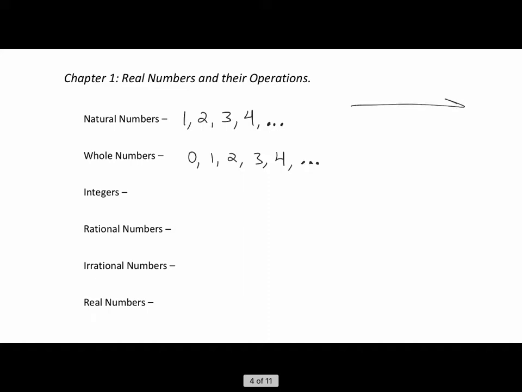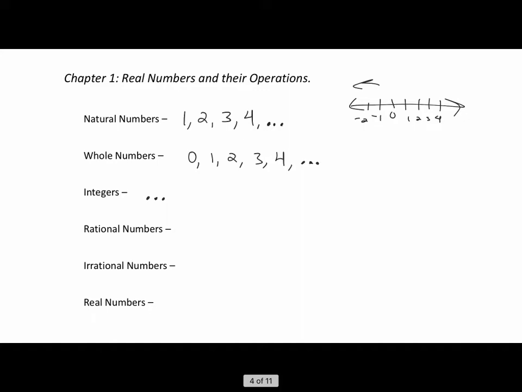Let's look at those on the number line. Okay, so 1, 2, 3, 4, and then we just added 0. Well, what about the other side of this number line? What's to the left of 0? -1, -2, -3, -4. Keep going negative, right? What is the smallest number in the world?